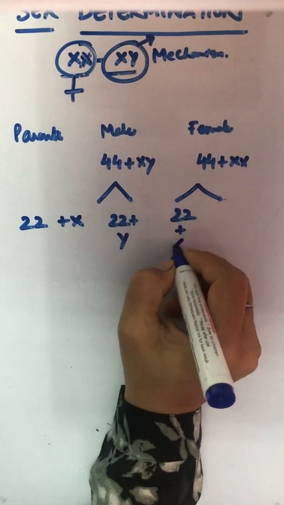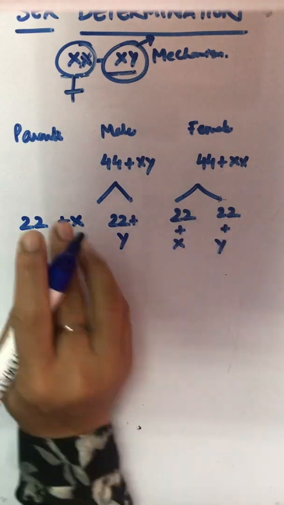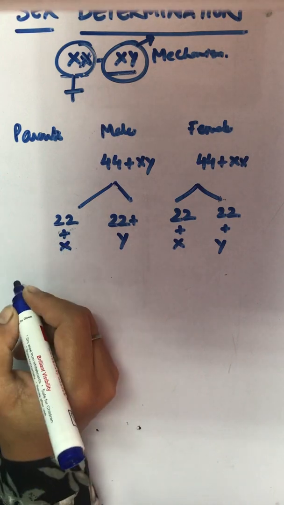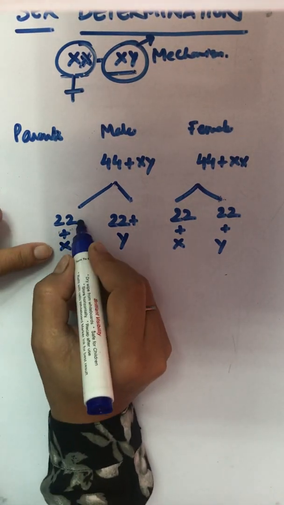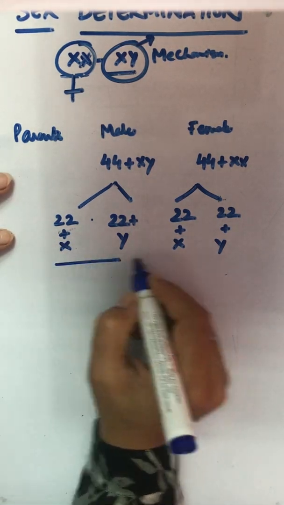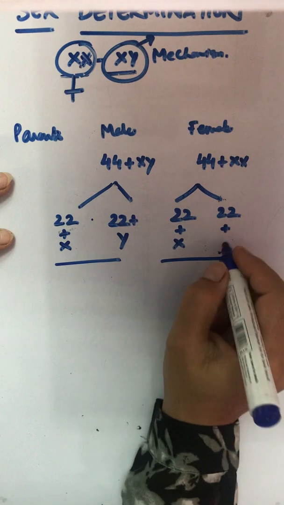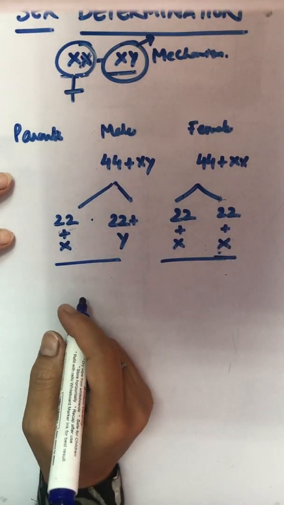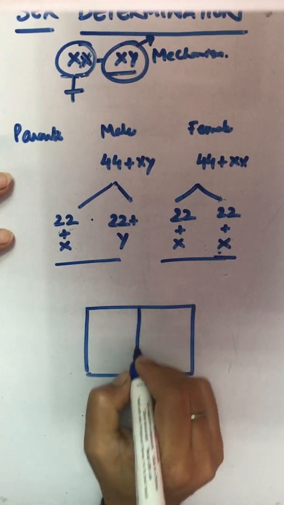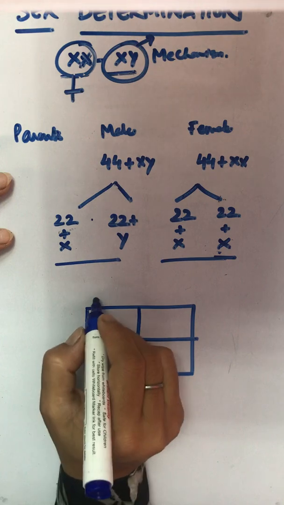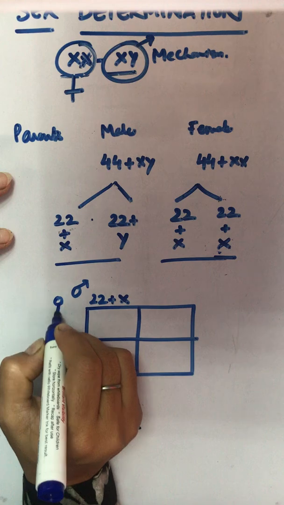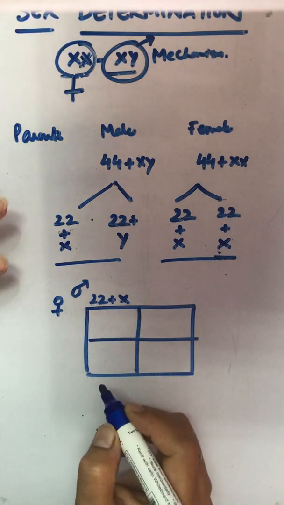This is 22 plus X and 22 plus Y. Because of less space, I'm writing here, otherwise you have to write next to it. Now these are the two types of gametes shown by the parents. Carrying out a cross, we write the male gametes on top and the female gametes on this side.